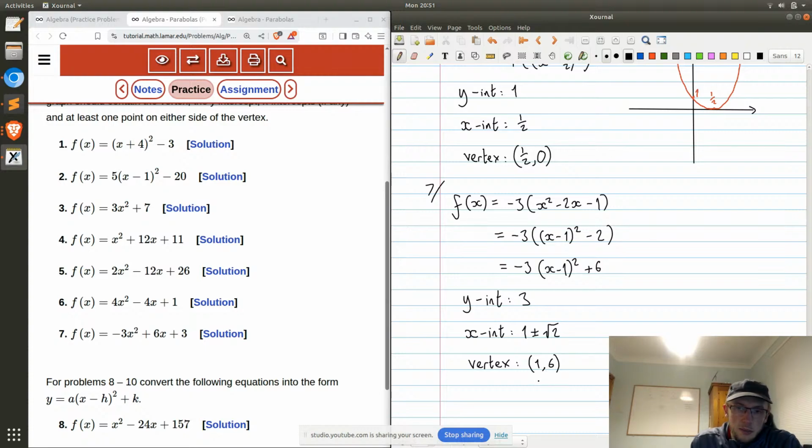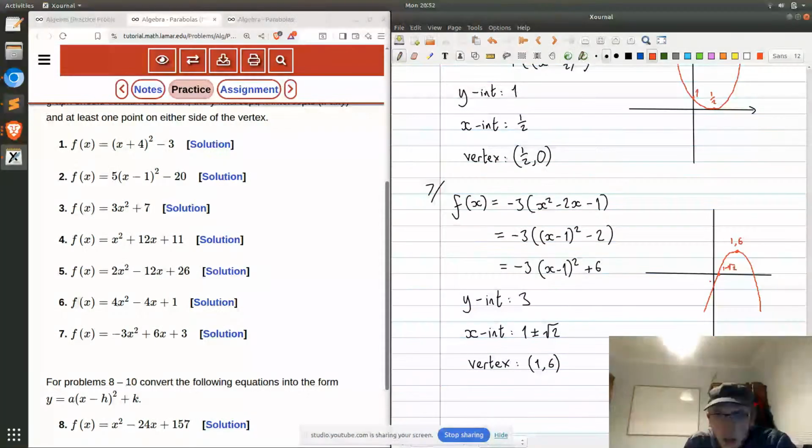Now, how can that be? Well, because it's opening up downwards. Oh, no. That's not right.